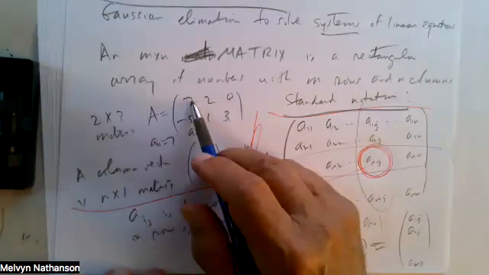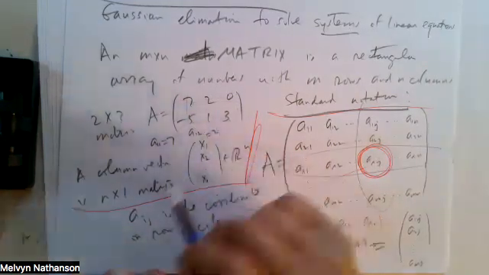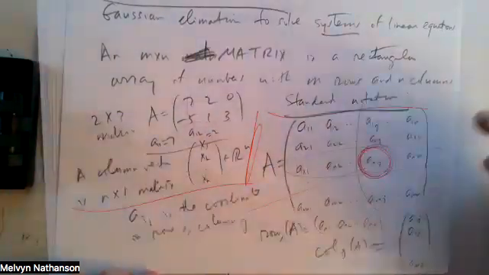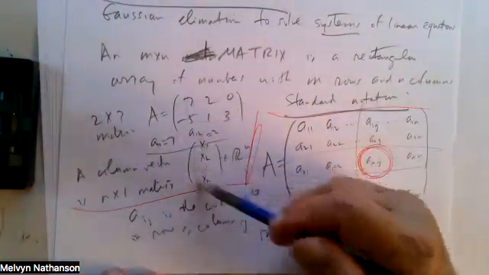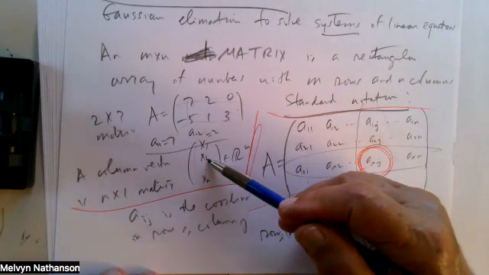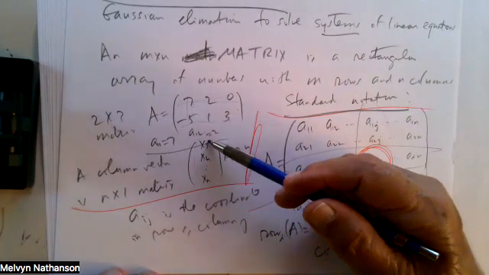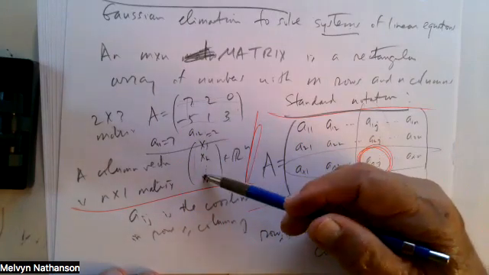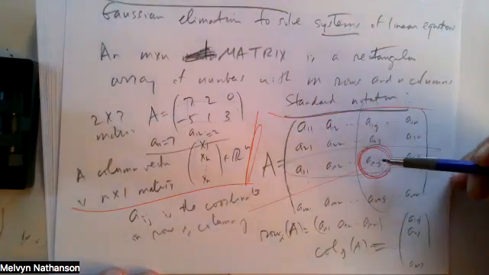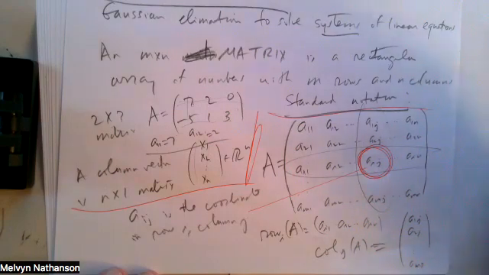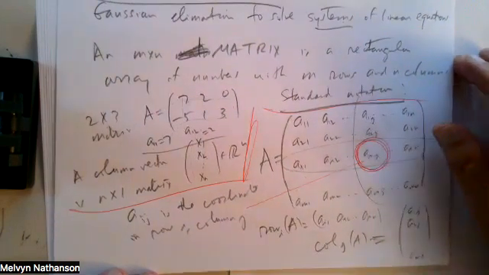A12, first row, second column, is 2, and so forth. It's no different from a vector: what is x2? x2 is the second number down in the vector. Aij is the number in the ith row, jth column of the matrix. That's all it is.